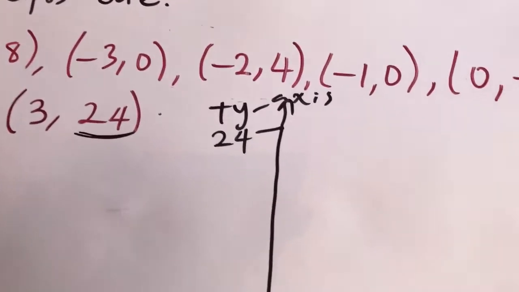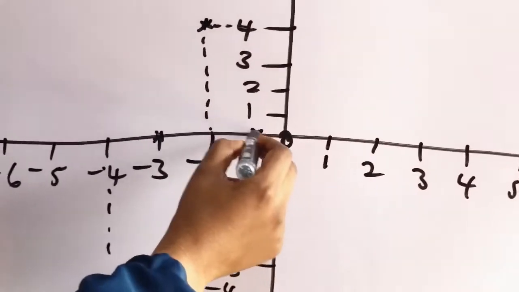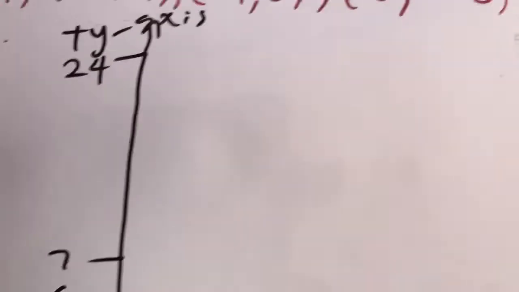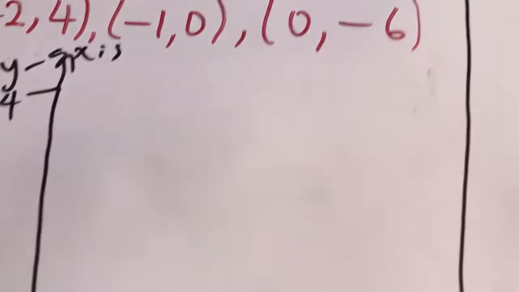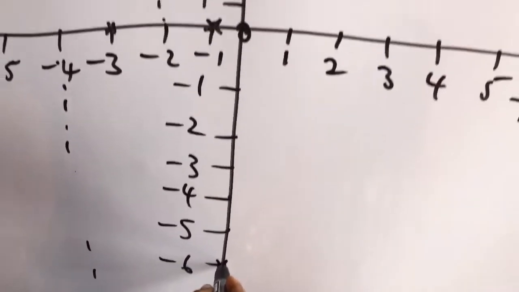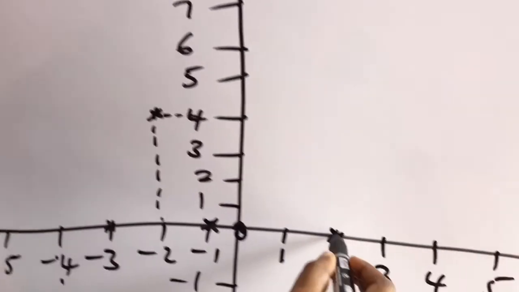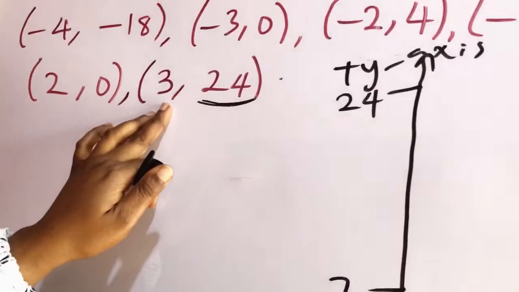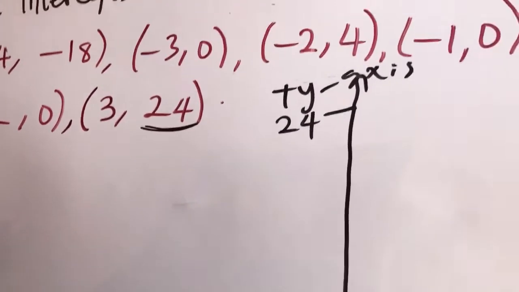When x is equal to minus 1, y is 0. When x is equal to 0, y is equal to minus 6. Trace it there. When x is equal to 2, y is equal to 0. When x is equal to 3, y is 24.